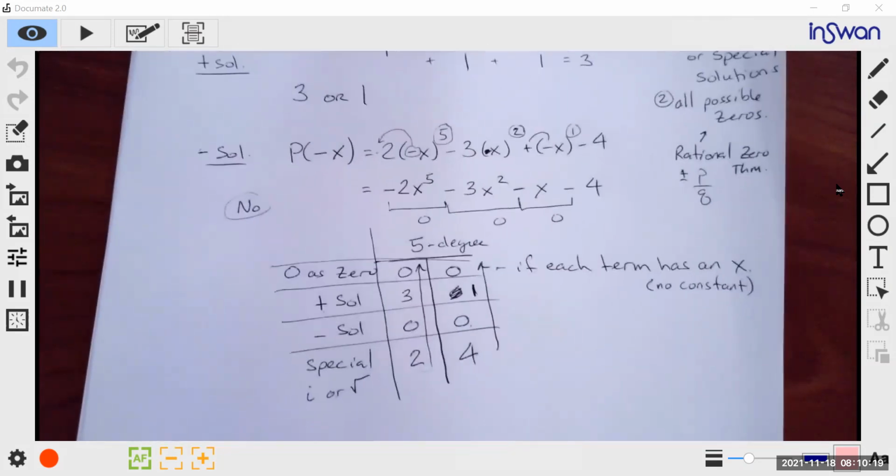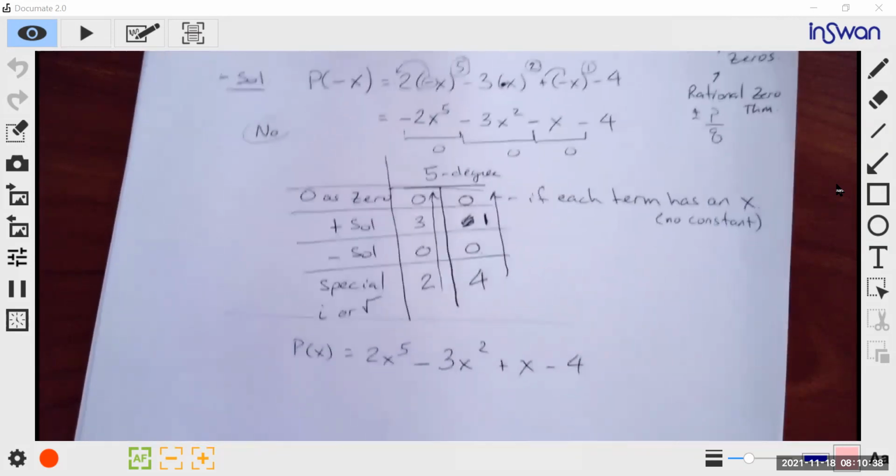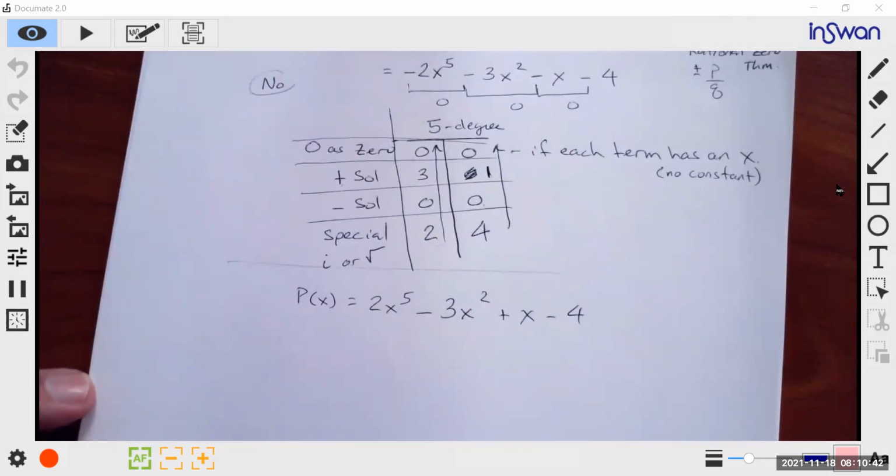All right. Any questions? That was the first problem. The second one said, from this polynomial, find all of the possible zeros.